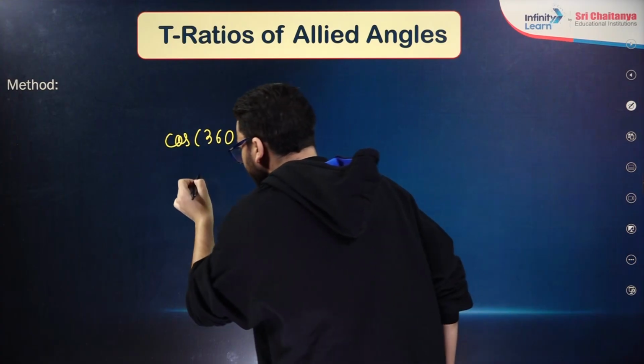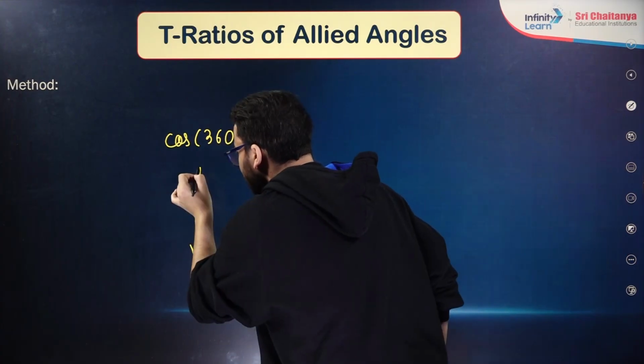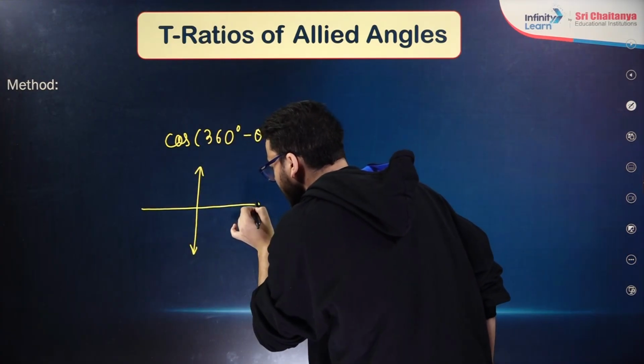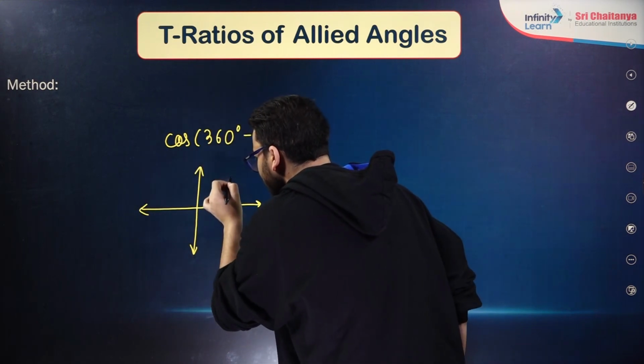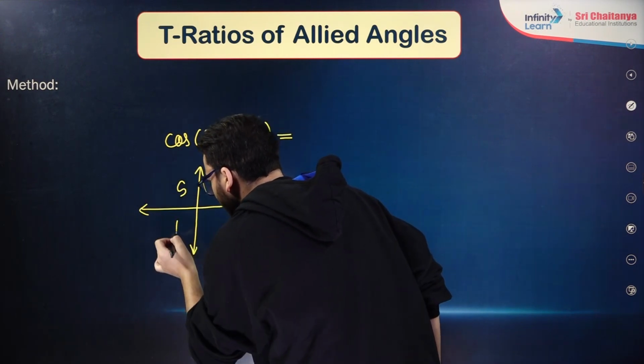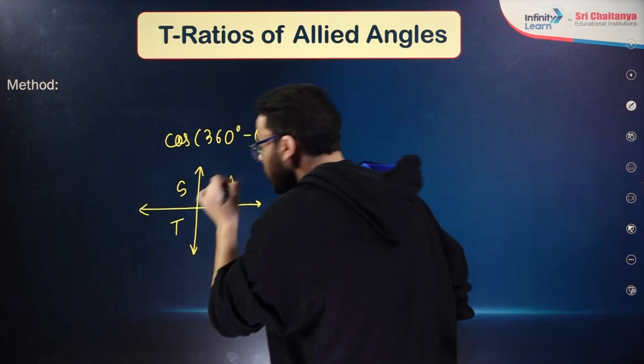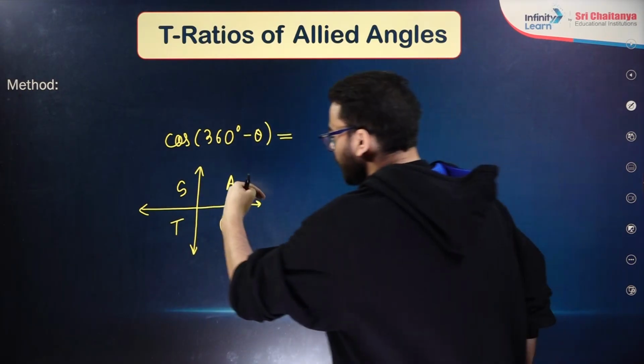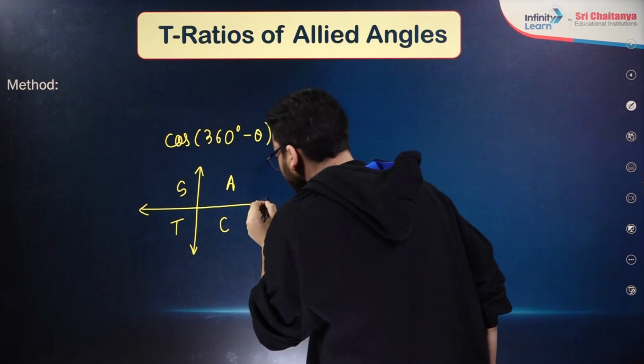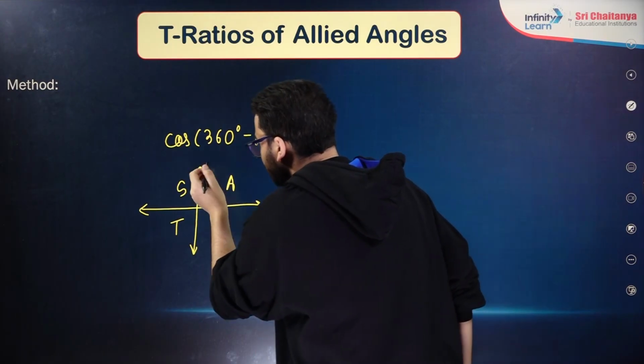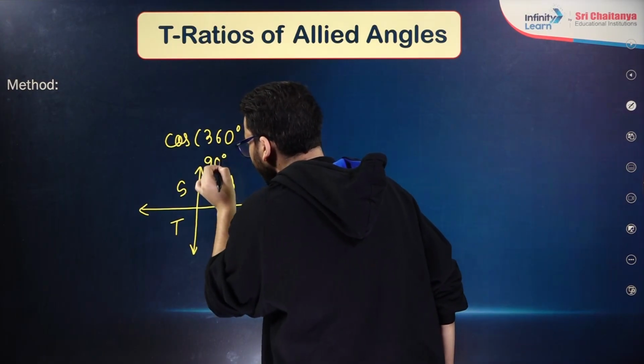For that, the shortcut which we discussed in the previous class along with the logic, you have to remember this ASTC rule as well. All Sin Tan Cos, or All School to College. You start from here in the anti-clockwise direction. This is 0 degree, so this will be 90 degrees and so on.